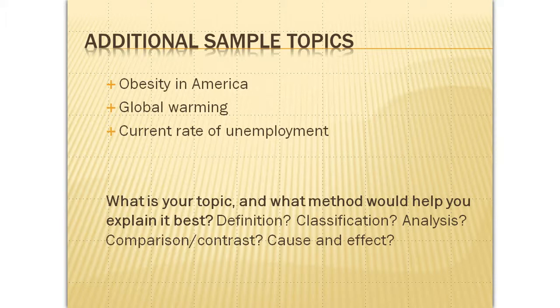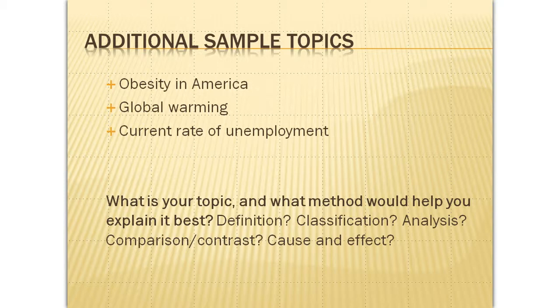Now, in the normal world, which is not the classroom, ordinarily the writer starts with something that he wants to talk about, his topic, and then thinks to determine what method would help him best explain his topic. Would it be defining it, definition? Would it be classification?